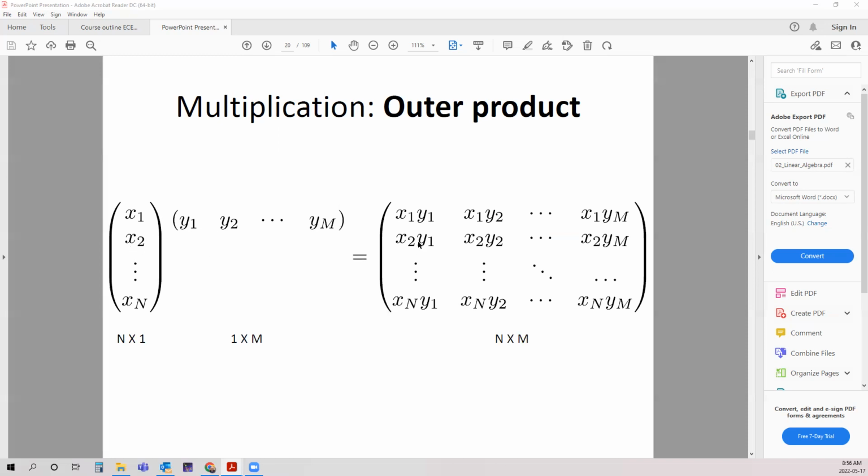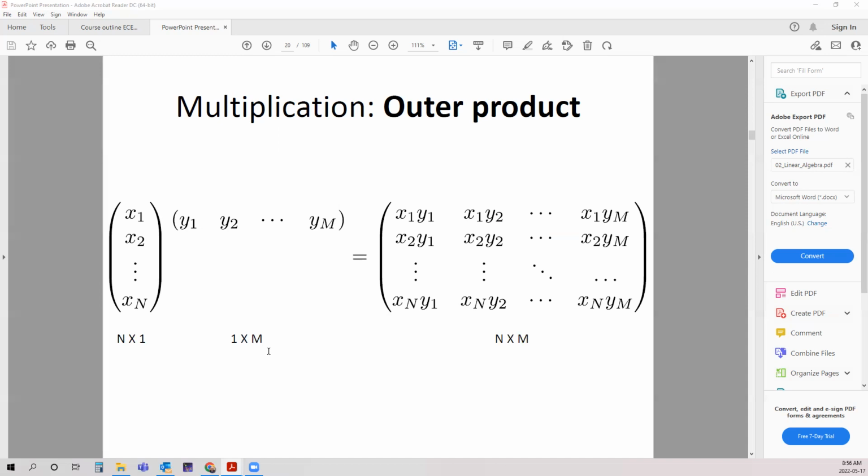Then we will start with the second one, and we will form the second row till we finalize the last element of the first matrix with the last element here, with y1 to ym each time. Then we'll find this matrix is what we call the outer product.